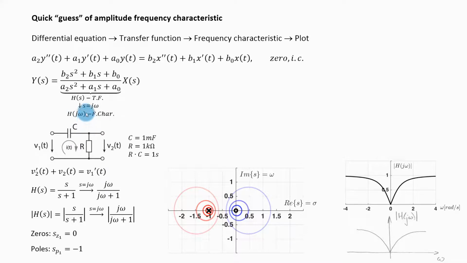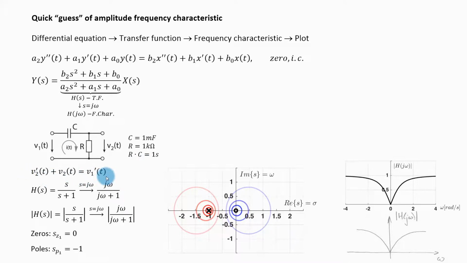Now, you can take this expression to MATLAB and plot it, but engineers have this trick that allows them to immediately plot or just imagine an approximate shape of the frequency characteristic even without MATLAB. I will demonstrate on this example. Let our system be this circuit, which is described by this differential equation.